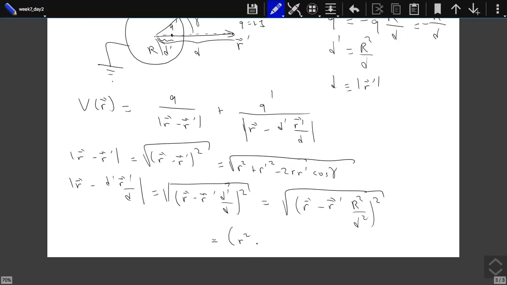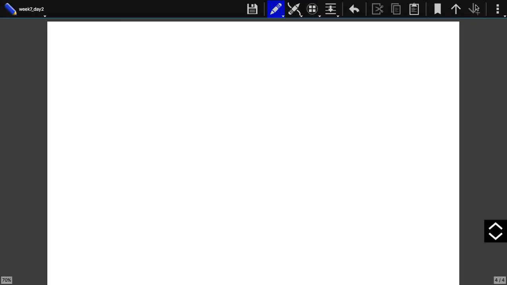This is R squared plus R prime squared, R to the 4 over D to the 4, minus twice R prime, R squared over D squared cosine gamma, raised to the power 1/2.